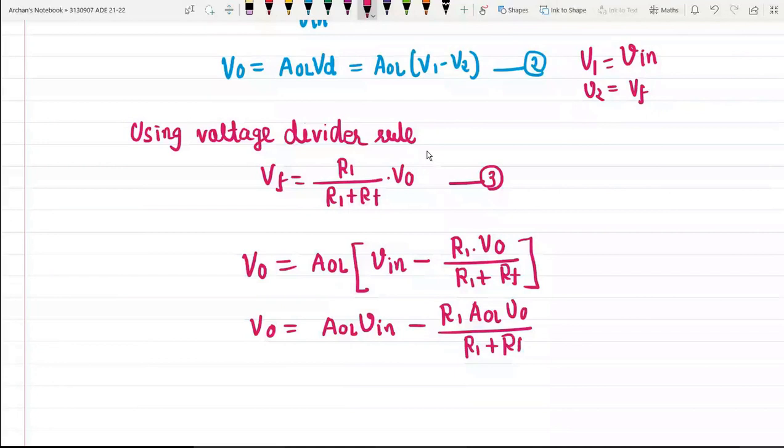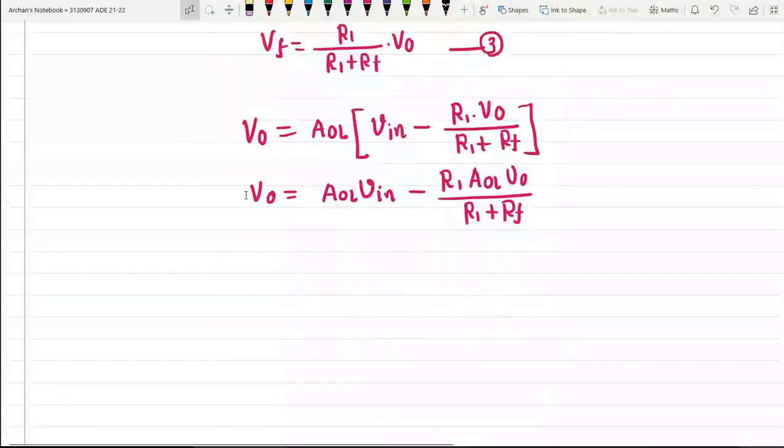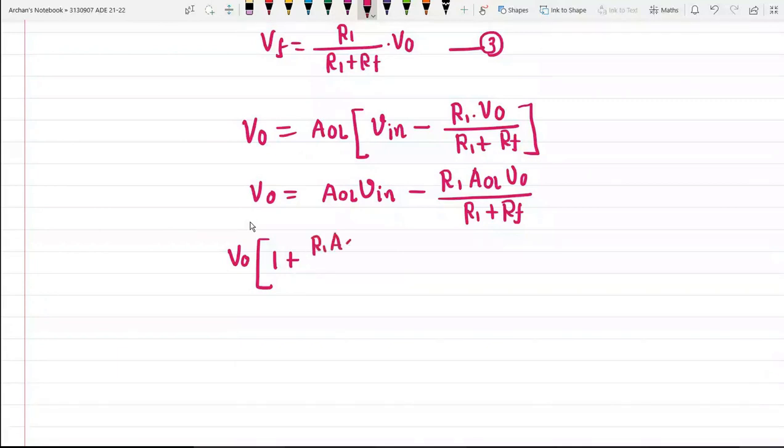Here V0 is there, and if you see this equation, in the second term we are available with V0. So the entire second term can be brought to the left hand side of the equation, and we will take V0 as the common parameter. So my equation will be V0 into 1 plus R1 times AOL divided by R1 plus Rf, that is equal to AOL times Vin.